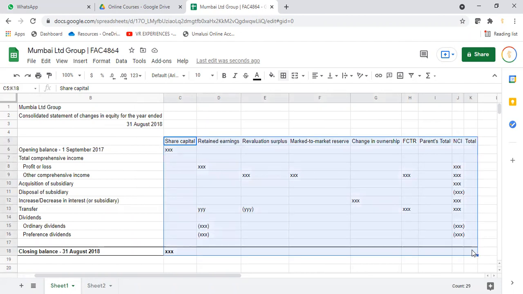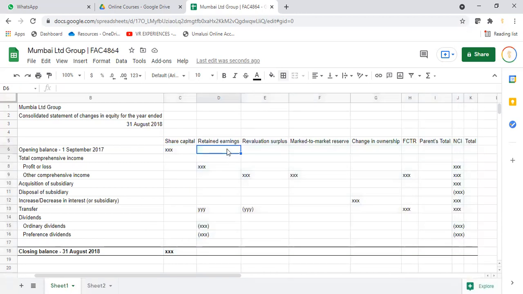Because I've trained myself how to think. My subconscious mind knows that when I need to do a statement of changes in equity, it brings this picture to mind. My subconscious mind also knows that when I must do retained earnings, I must get the opening balance retained earnings.